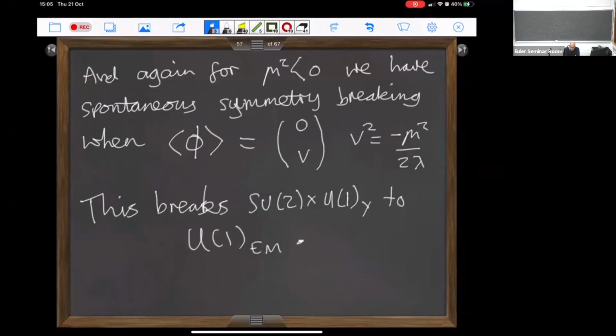So again, for mu squared negative, we have spontaneous symmetry breaking. You can choose that to be in any direction in the SU2 doublet space. We'll just pick that for simplicity to be in this direction, where phi plus has 0 expectation value and phi 0 has expectation value v.